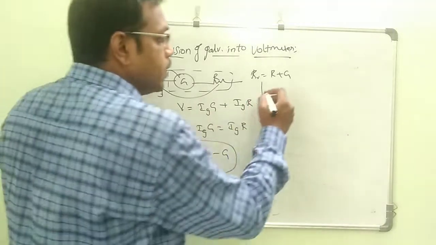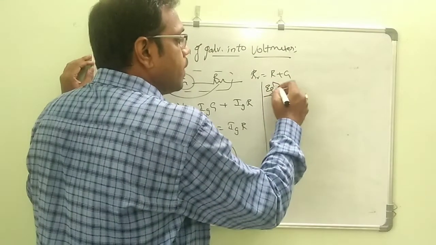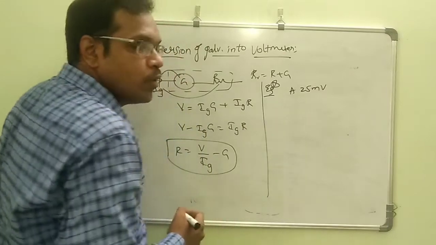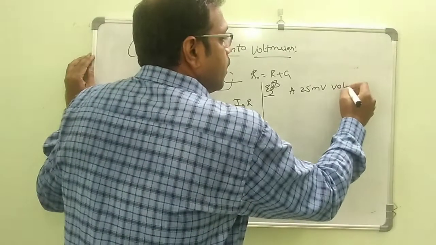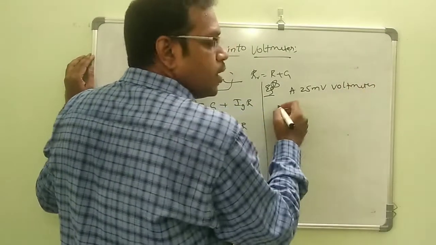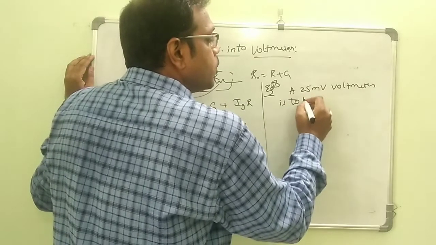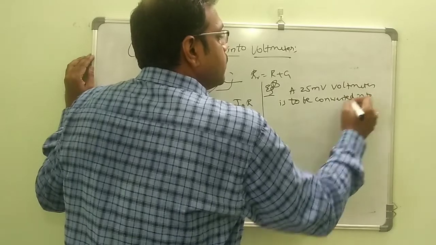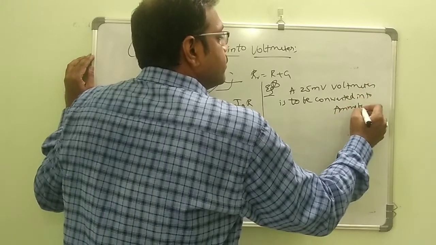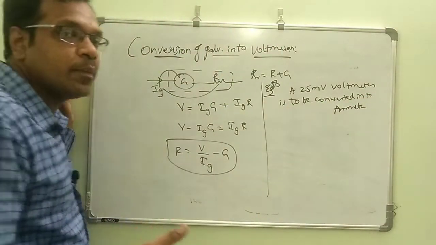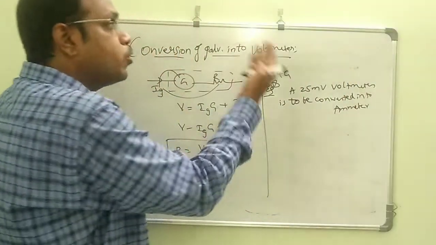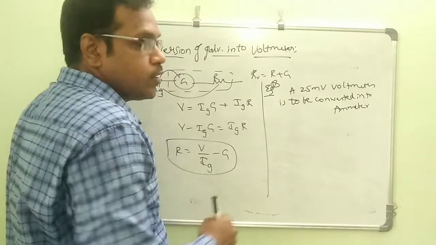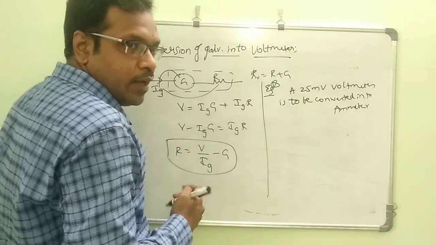That means, suppose, a very good example, a 25 millivolts voltmeter is to be converted into an ammeter. That means I want to change a voltmeter into an ammeter. Previously galvanometer to voltmeter, galvanometer to ammeter, but now voltmeter to ammeter.